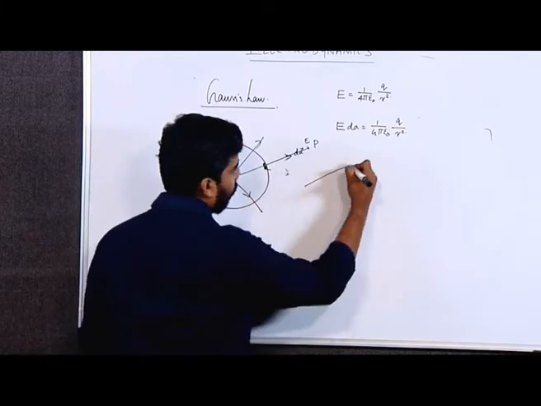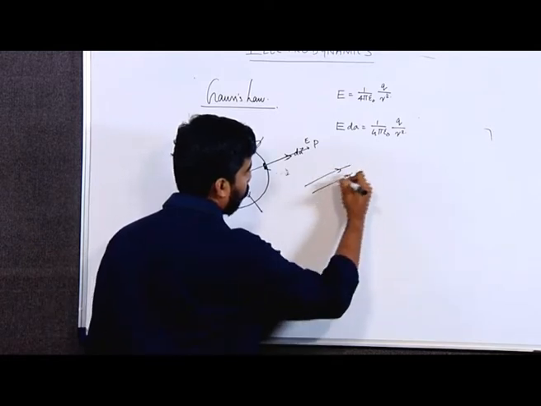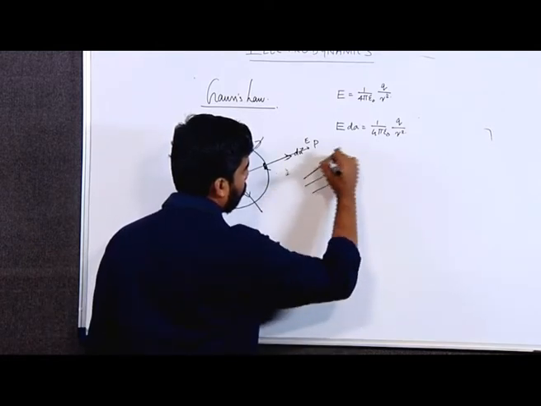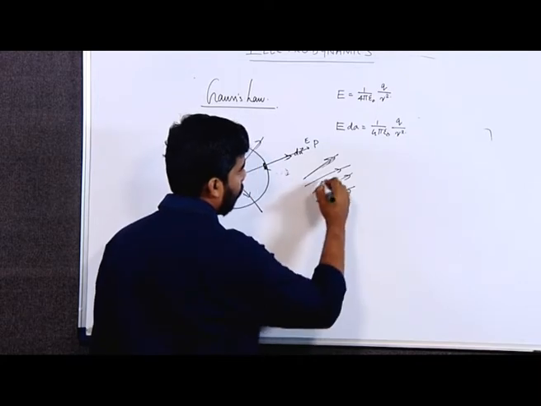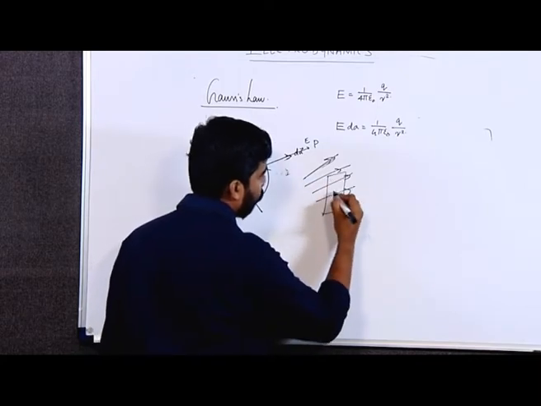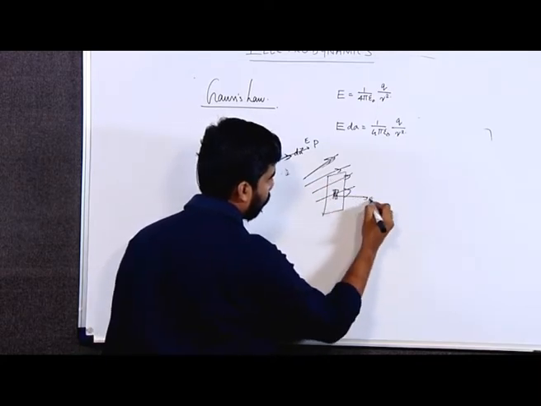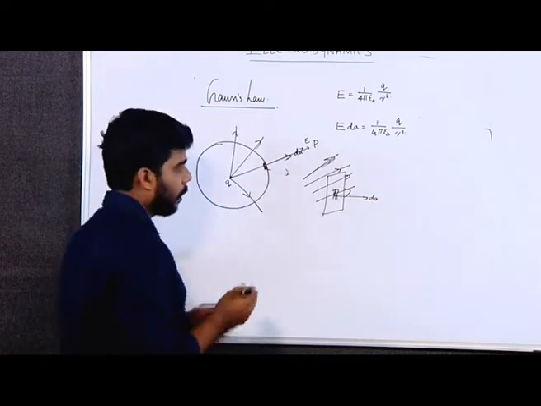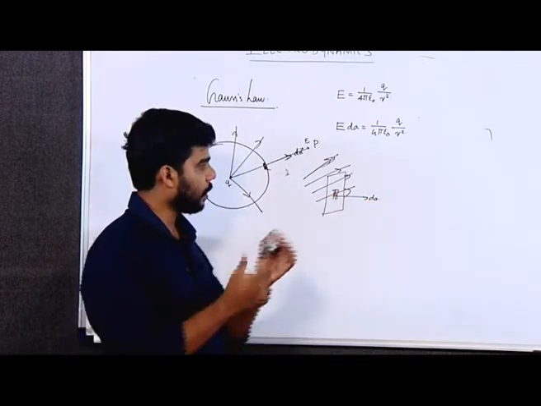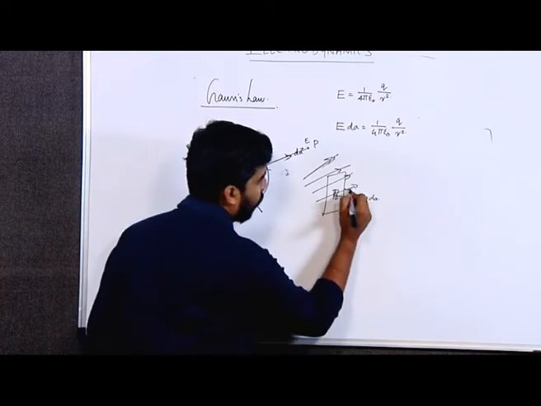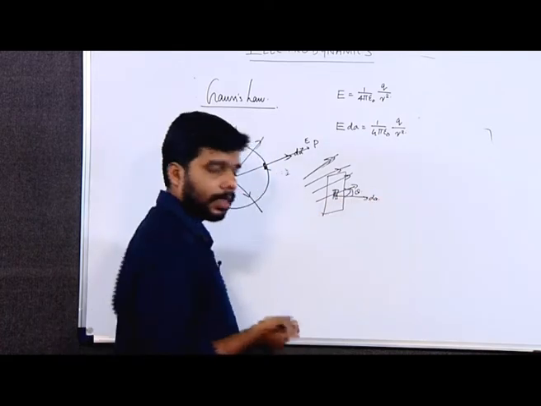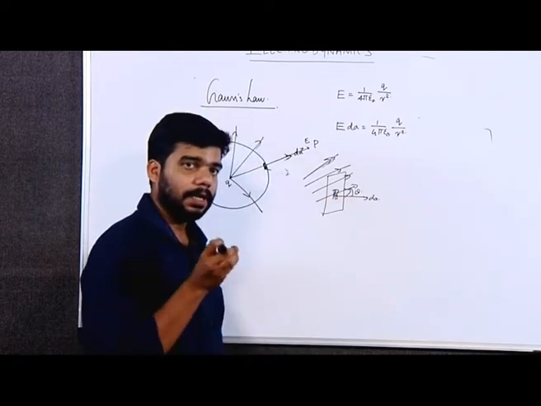Suppose you have a uniform electric field going like this, and you have an area like this which has an area vector perpendicular to the surface, and the electric fields are going like this, and the angle is theta. Along the area vector, how much electric field is passing?